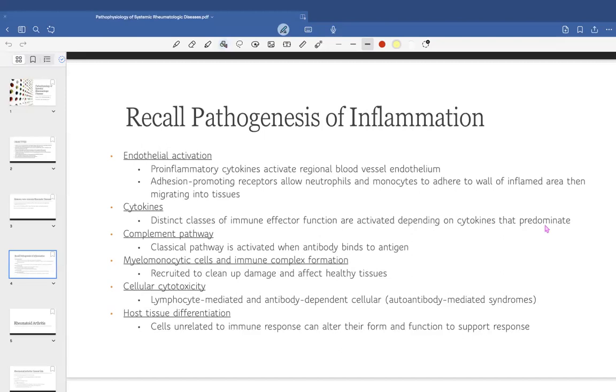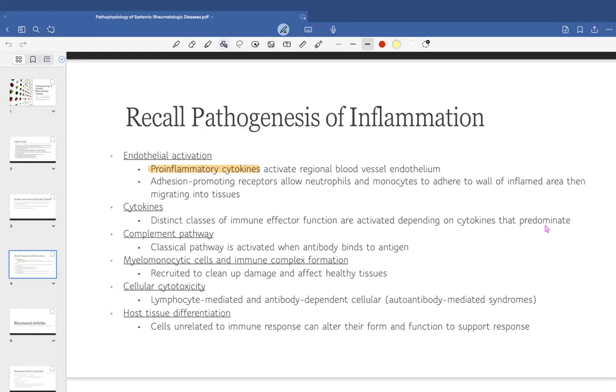You can have adhesion receptors that allow white cells to attach to the walls. They can then migrate into the tissues as macrophages. So when you have that kind of process, it takes the inflammation from circulating antibody into the walls of the blood vessels. And then that can trigger other changes, even clotting.